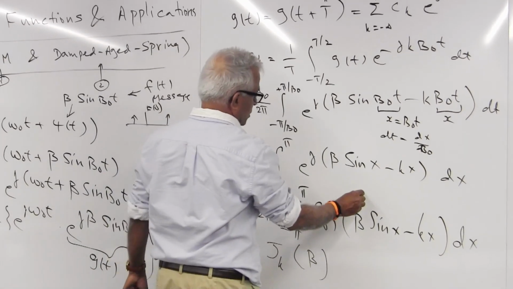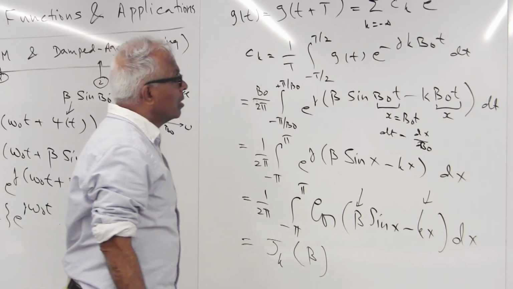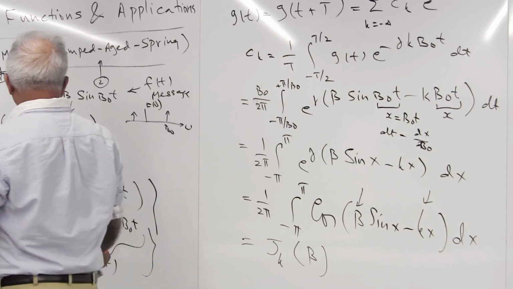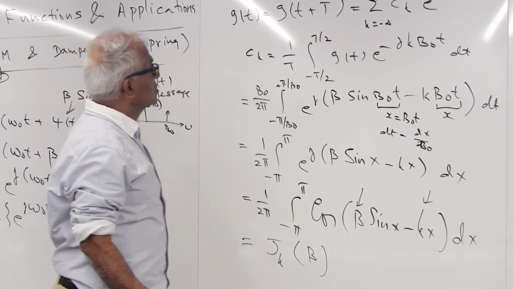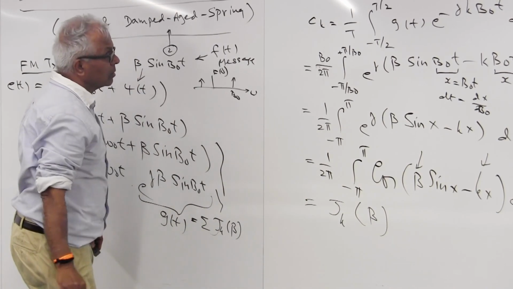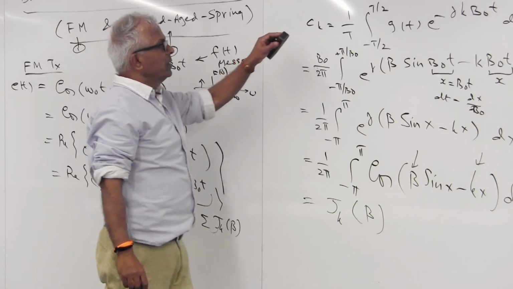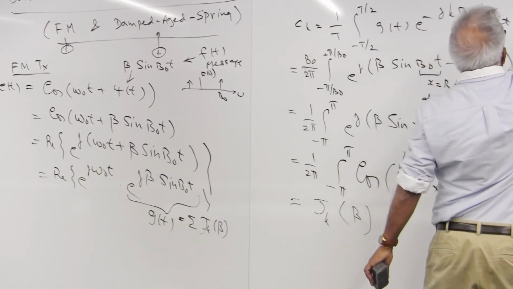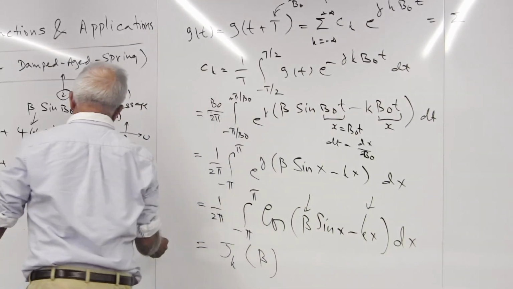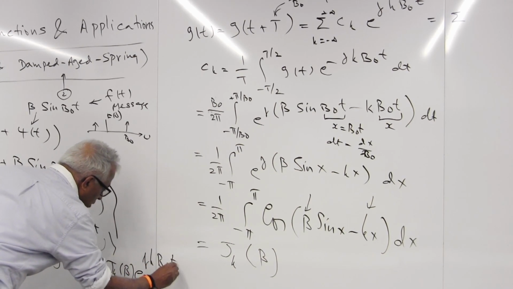So beta is here, k is here. Consequently, this g t can be written as a summation of J k beta e to the power j k b naught t.